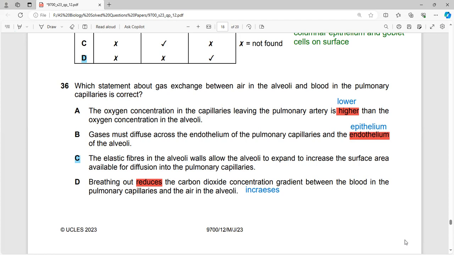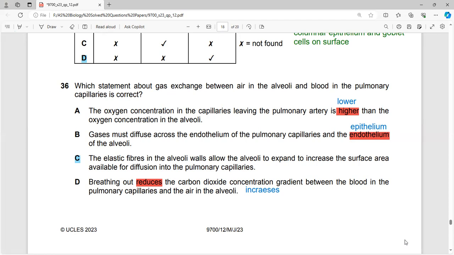So C is our correct option. As for D, breathing out reduces the carbon dioxide concentration gradient between the blood in the pulmonary capillary and the air in the alveoli. When we breathe out, carbon dioxide is transferred out, because about 4% carbon dioxide is present in the lungs.